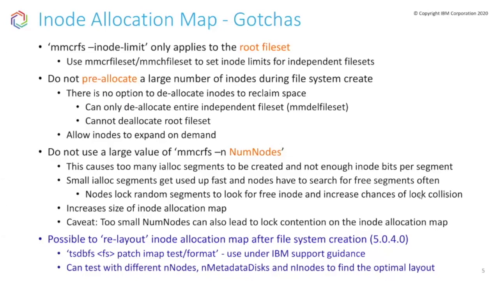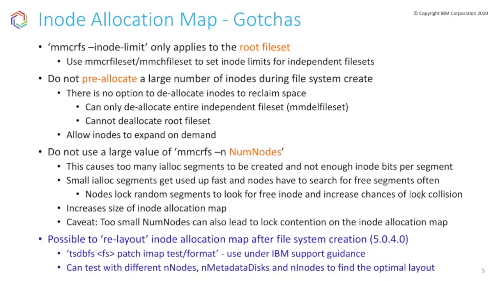It's far better to let the inodes grow on demand when there is a pressure in the number of available or free inodes. The system automatically expands the inodes up to the maximum limit in increments. So that's the better way to do it.